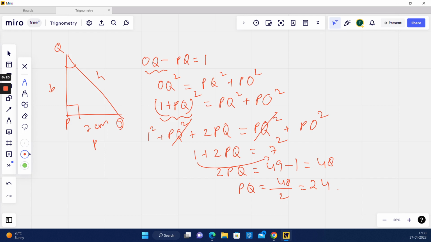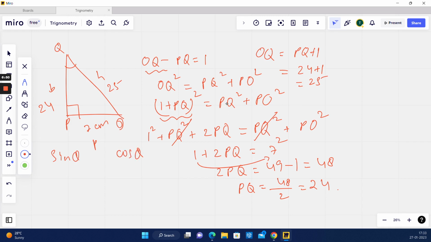Now we need to determine the value of sine Q and cos Q. Very simple. We now know PQ is 24, right? So what is the value of OQ? OQ equal to PQ plus 1. So the value of OQ is 24 plus 1, that is 25. Now let's find sine Q and cos Q, right?